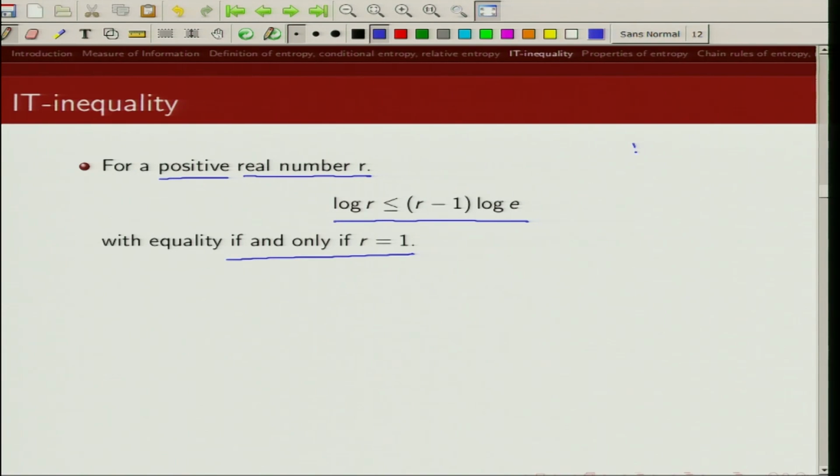If you plot this, log of r is defined for positive real r. At r equal to 1, log of r is 0, and the line is r minus 1, with slope log of e.